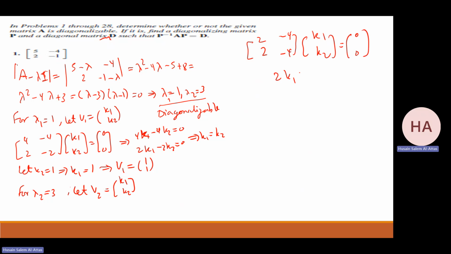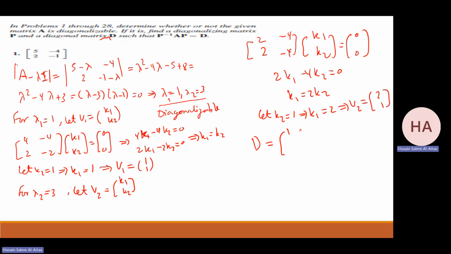So I have only one equation, very clear. So I have K1 equal to 2K2. Let K2 equal 1, so K1 equals 2. So V2 will be 2, 1. So what is D? D is 1, 0, 0, 3. And P is 1, 1, 2, 1. Good.